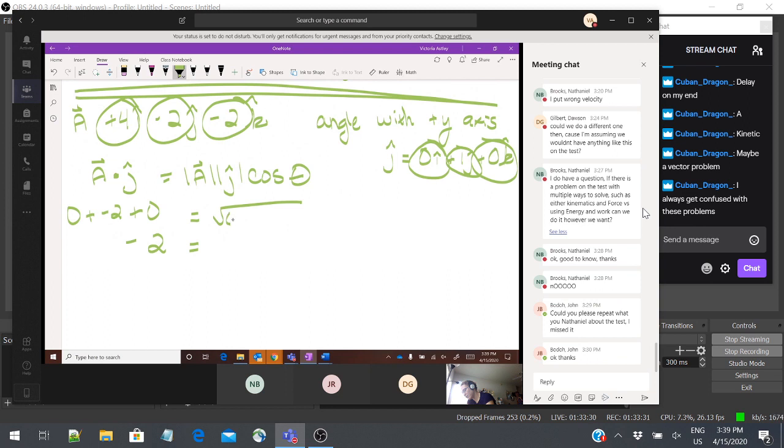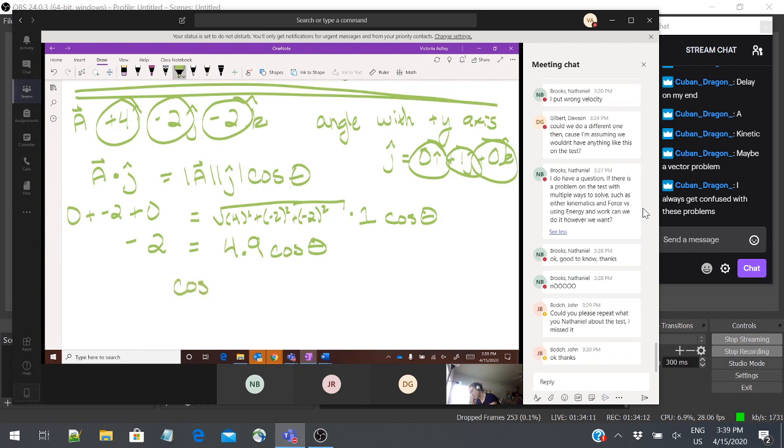The magnitude of A is the square root of 4 squared plus negative 2 squared plus negative 2 squared. It's the whole three-dimensional thing. The magnitude of my unit vector is just 1, times cosine theta. So 16 plus 4 plus 4, square root, I get 4.9 cosine theta.